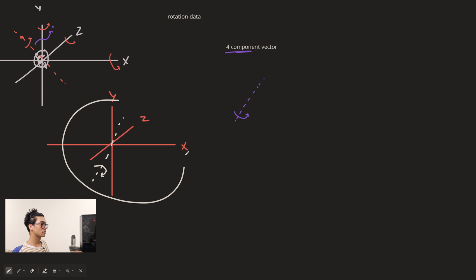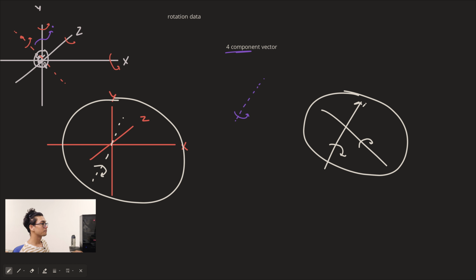Let's say you only have 2 axes, right? One rotation can happen here and one rotation can happen here. Now the object is rotating along this axis, so it will go here and you will get this theta, the angle of this rotation, right?